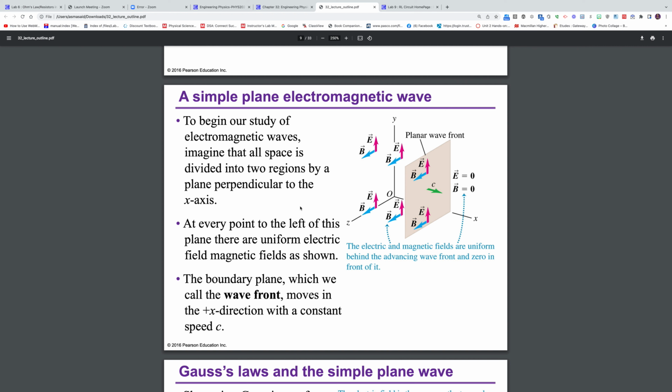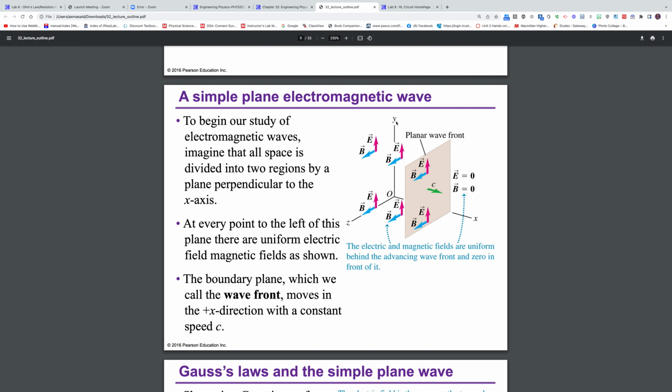In this region, we have uniform electric and magnetic fields, as shown here, and here E and B are zero. We call this a wave front, and it is moving along the x-axis.